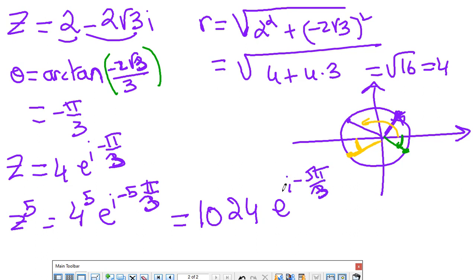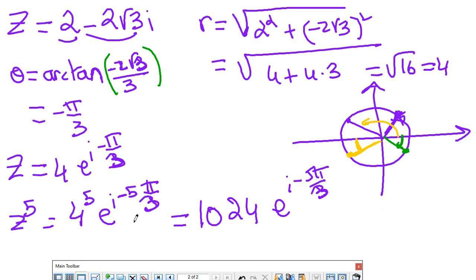Also, you can change it to the positive angle, so you can write it as pi over 3, or you can also write it in algebraic form. It's linked to the question, so you can write it in the Cartesian form or keep it like this, depending on what they are asking you to do.